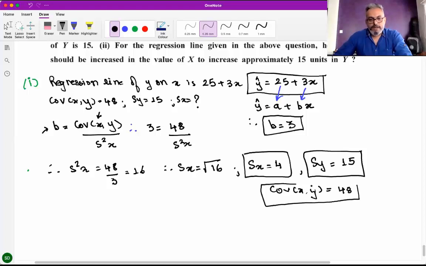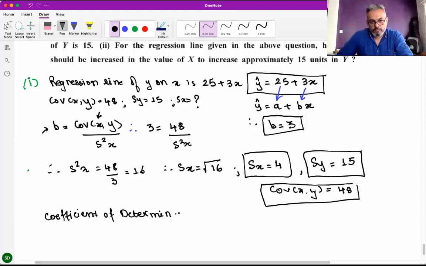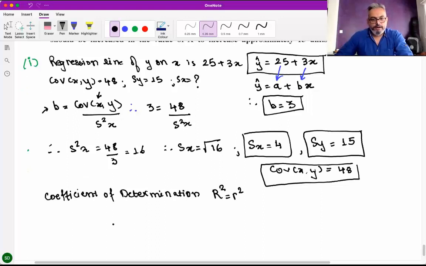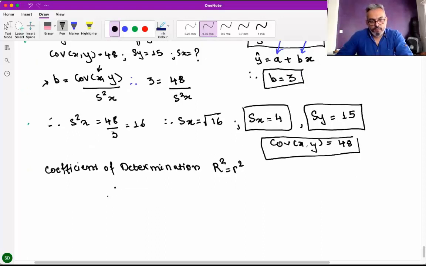So now we have to find out coefficient of determination. Coefficient of determination, capital R square is equal to small r square. Now what is small r square?